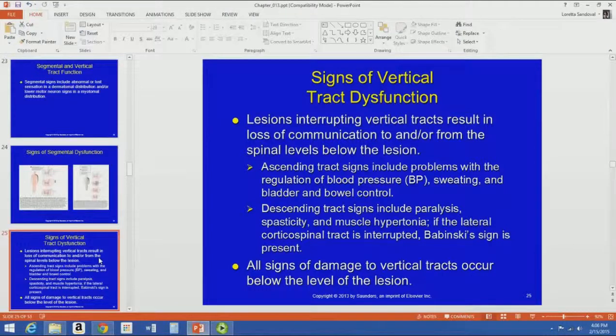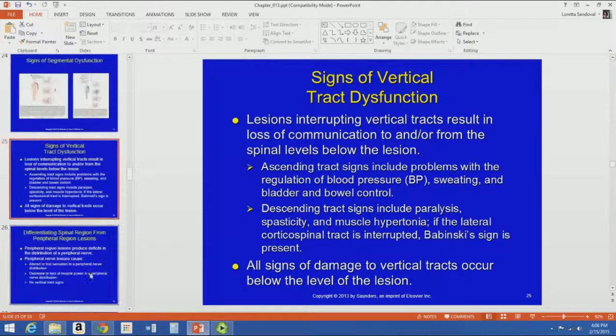Descending tract signs include paralysis, spasticity, muscle hypertonia, and Babinski's sign, possibly if the lateral corticospinal tract is interrupted. So more of what we talked about for upper motor neuron signs. All the signs of damage to the vertical tracts occur below the level of the lesion.